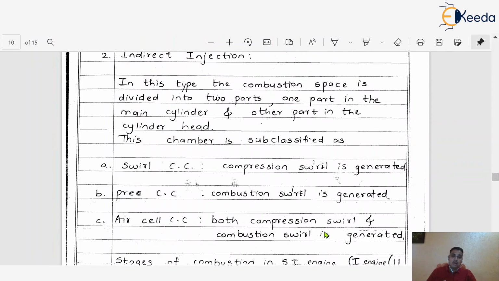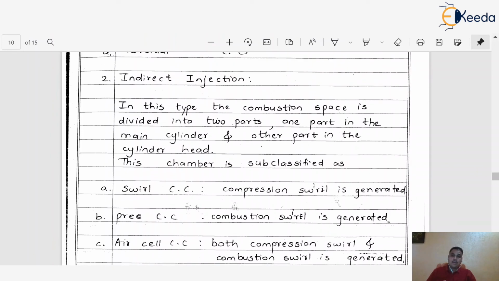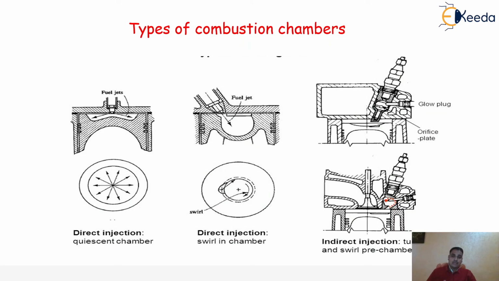All of these come under the indirect type of injection system. These are the different types of combustion chambers, and as per the application and need, the direct and indirect injection systems can be utilized in CI engines.